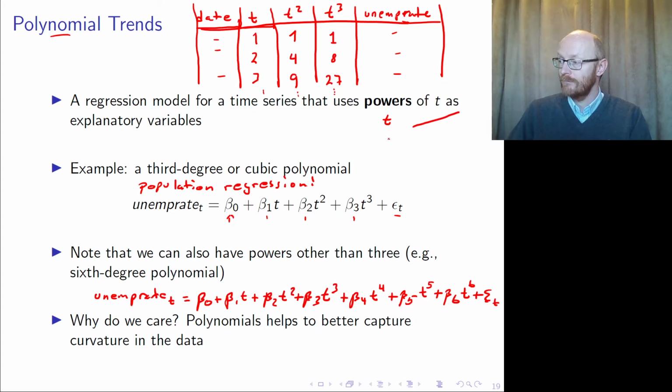And t squared can capture either this convex pattern or this concave pattern, and t cubed can capture this sigmoid pattern, so, like such. Okay, and a fourth degree polynomial can capture even more curvature.